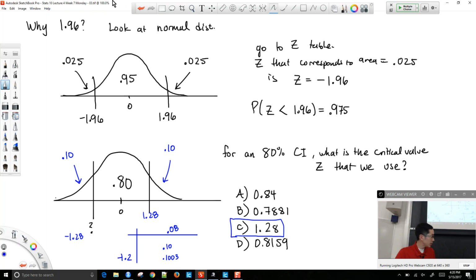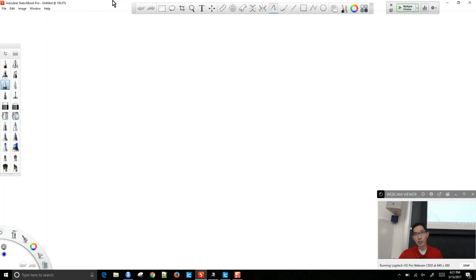And so, we could apply this line of thinking for any kind of confidence interval. So here we looked up numbers for an 80% confidence interval and a 95% confidence interval. If you wanted to find values for a 99% confidence interval or a 75% confidence interval, you could do that.